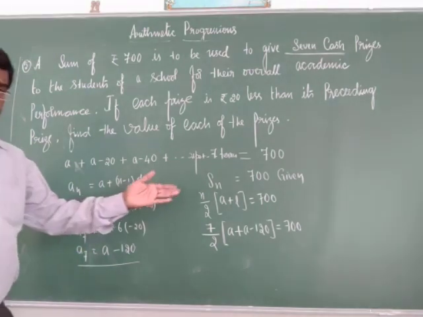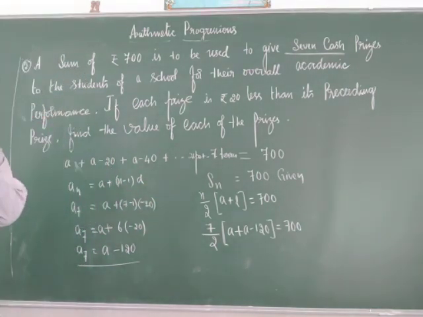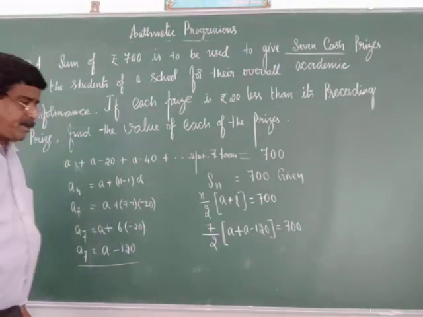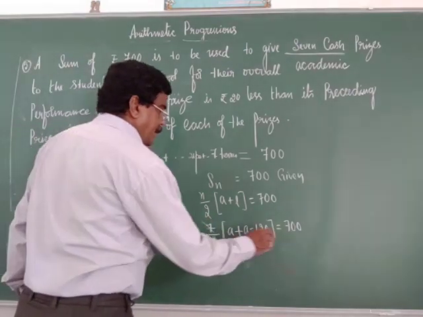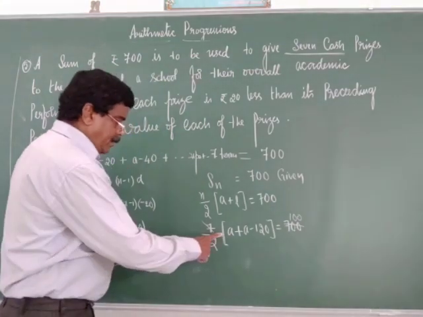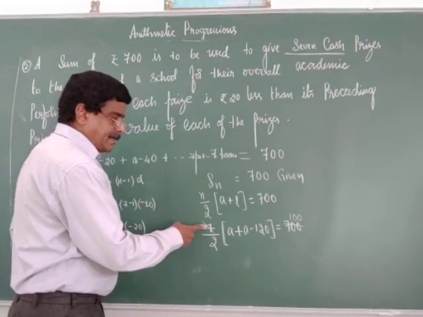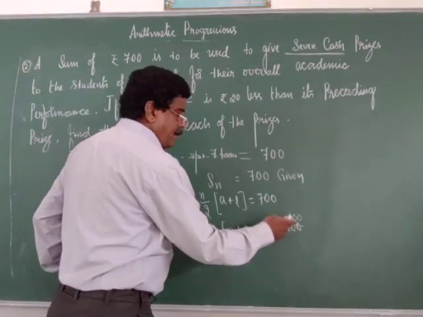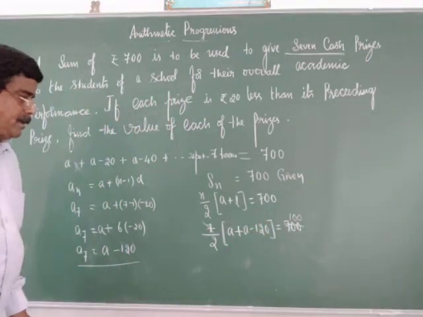See, just go from one step to another step. As much as possible, go on reducing the steps. You can cancel here 7 and 700. Please learn this, because divided by 7 means 7 and 7 get cancelled, and here also divided by 7 means 700 becomes 100.